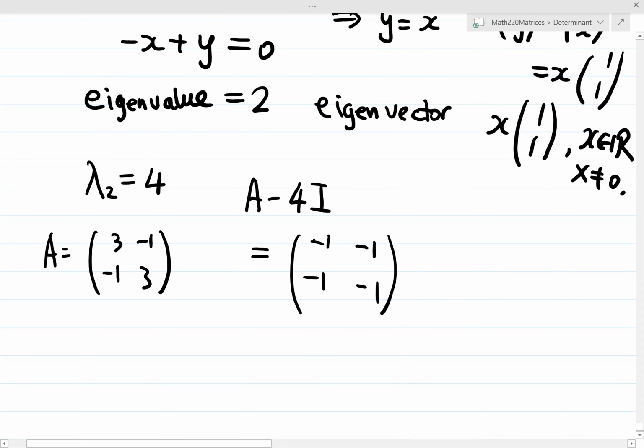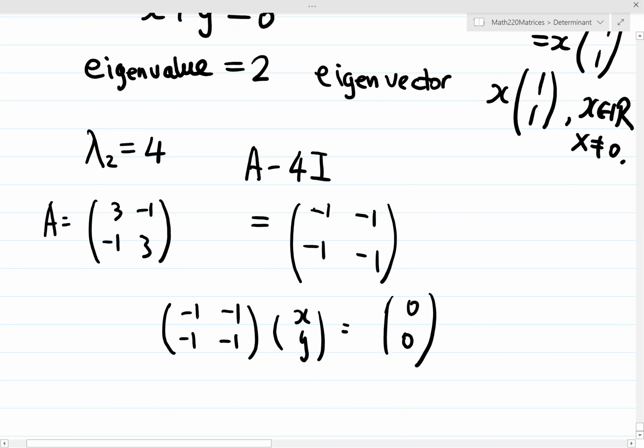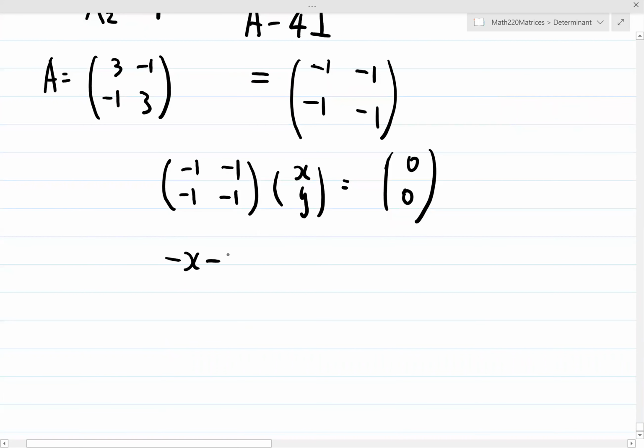We can also easily find its eigenvector: (-1, -1, -1, -1) times (x, y) equals (0, 0). Solving this, we get negative x minus y is 0, and the second equation is just identical. So we get y equal to negative x.